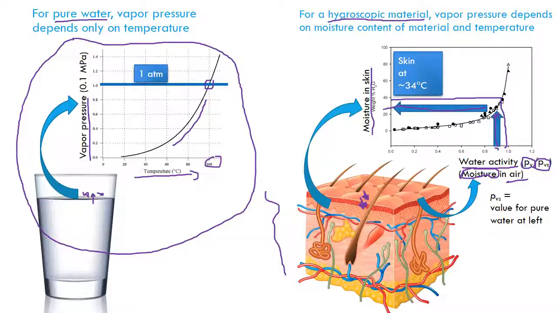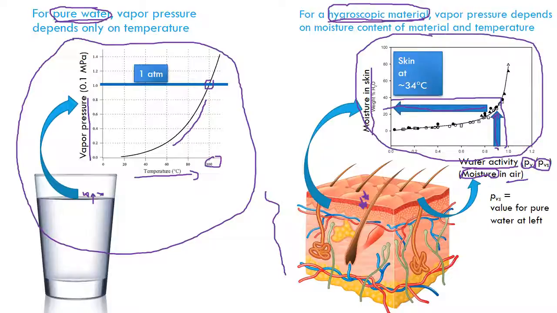So these are the two ways of getting vapor pressure for pure water and for any hygroscopic material, for which you have to be given information like this, otherwise you cannot find it.